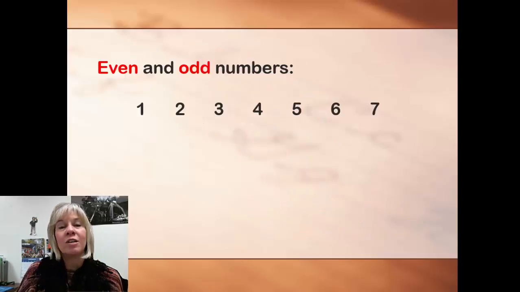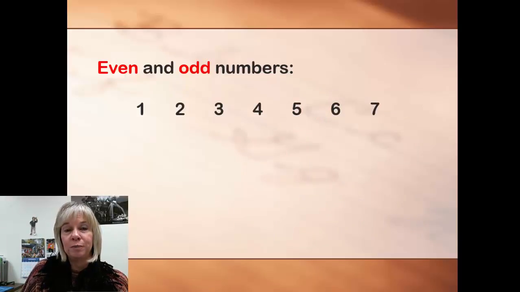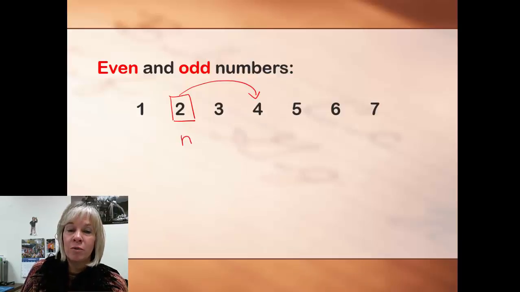This time we're going to talk about even and odd numbers. When you talk about an even number, to get to the next even number, we have to skip over 3, right? So if our first number is n, our next number is n plus 2, because we're skipping over the 3.